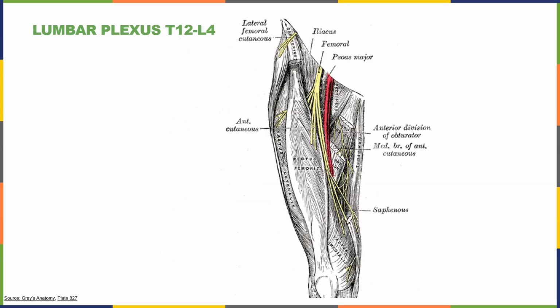Here we can see the femoral nerve as it's traveling down the anterior femoral region to excite the quadriceps femoris. Here we can see the obturator nerve as it's traveling down the medial femoral region in order to excite adductor longus and adductor magnus.